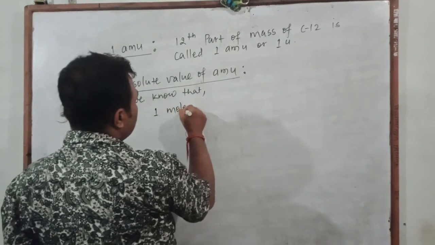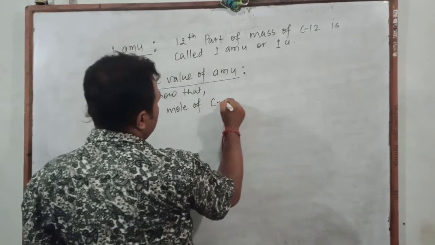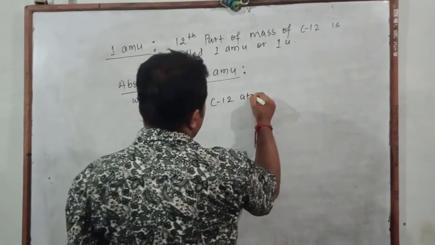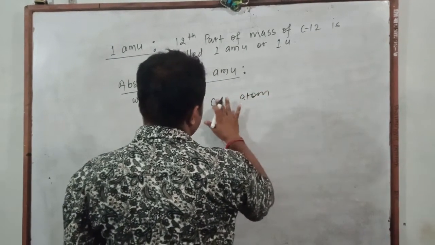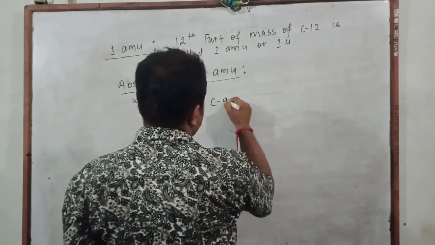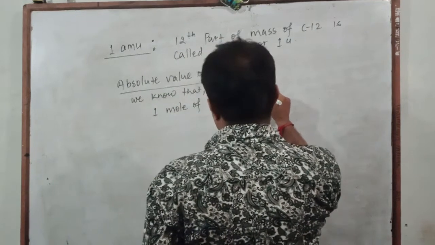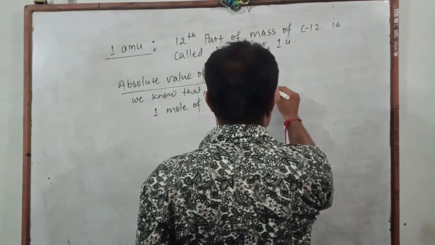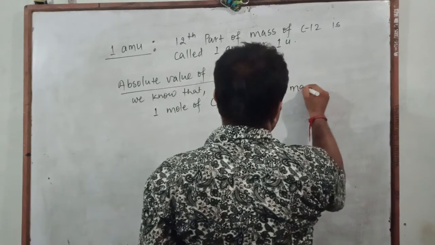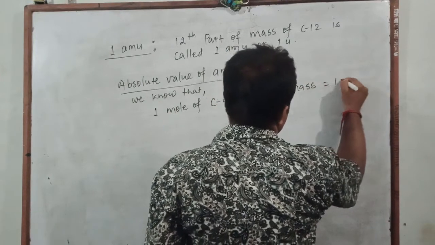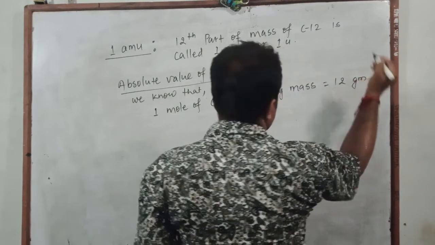Here we know that one mole of C-12 atoms, or carbon atoms, has a mass equal to 12 gram.